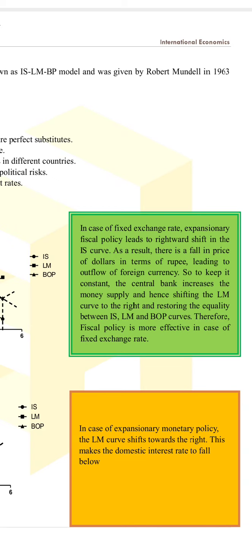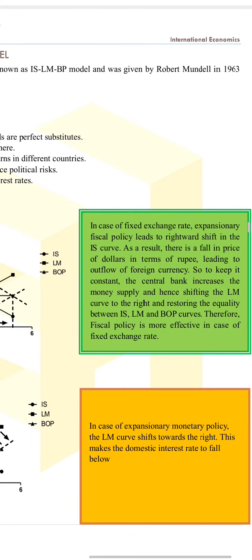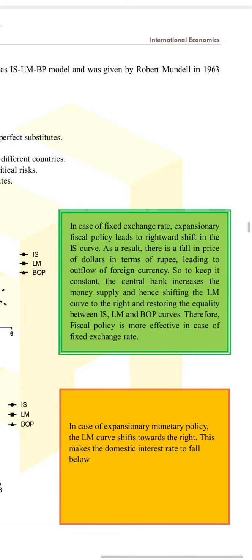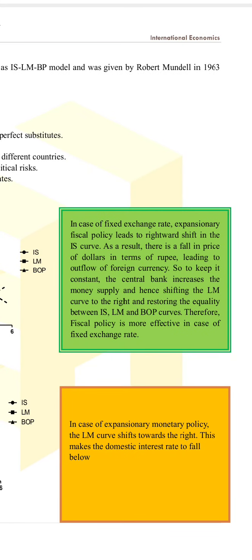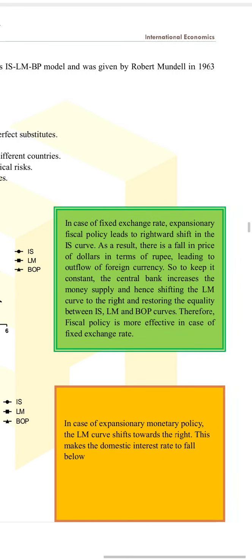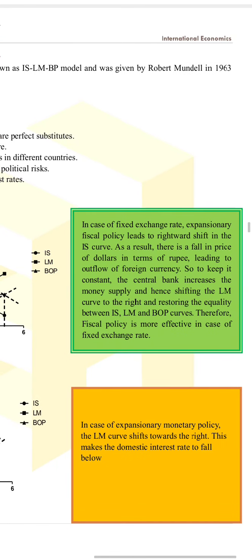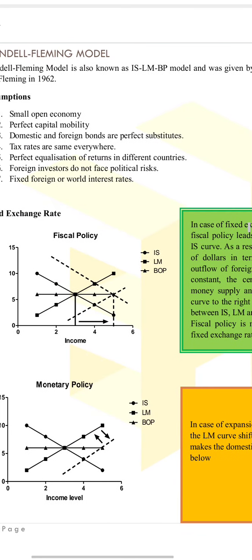So to keep it constant, the central bank increases the money supply, hence shifting the LM curve to the right and restoring the equality between IS, LM and balance of payments curves. Therefore, fiscal policy is more effective in case of fixed exchange rate.